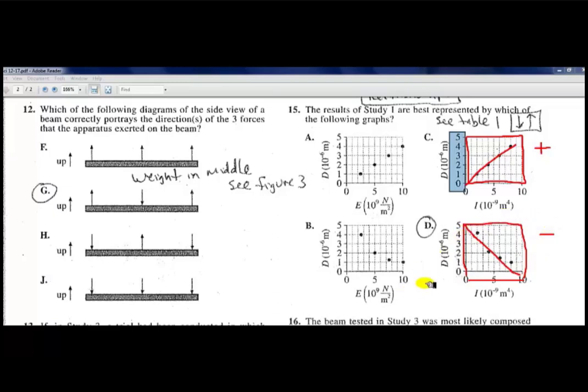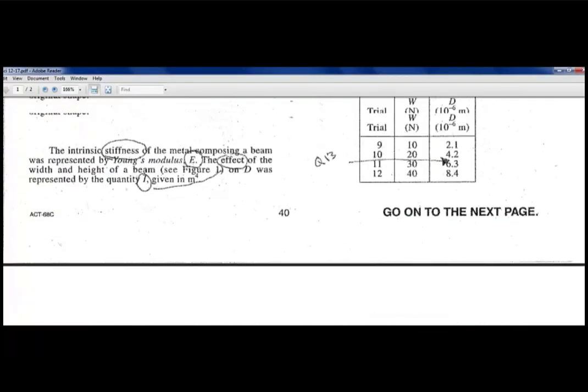We have to go ahead and look in table 1 and see what the relationship is. Remember, when you have a chart of numbers with columns in there, you can look at the chart of numbers and put arrows going in the direction to see what kind of relationship you have. Let's go back up to study 1, take a look at table 1 and see what we see.